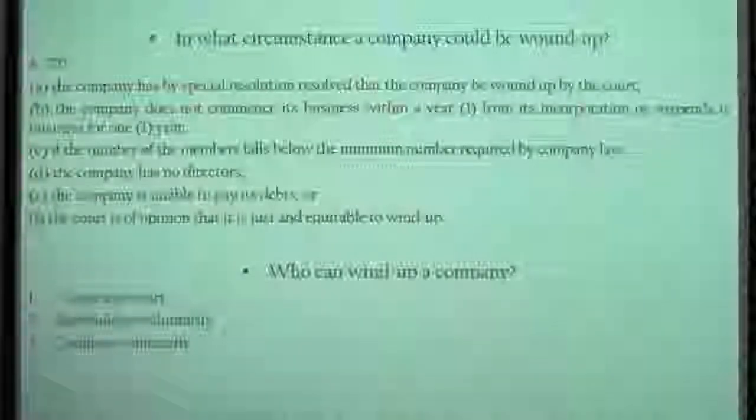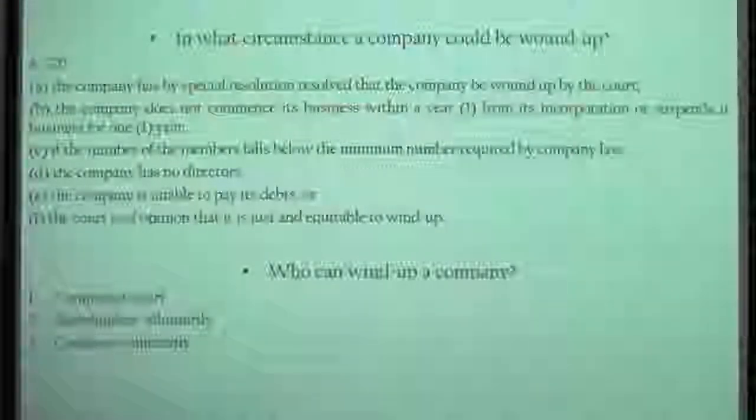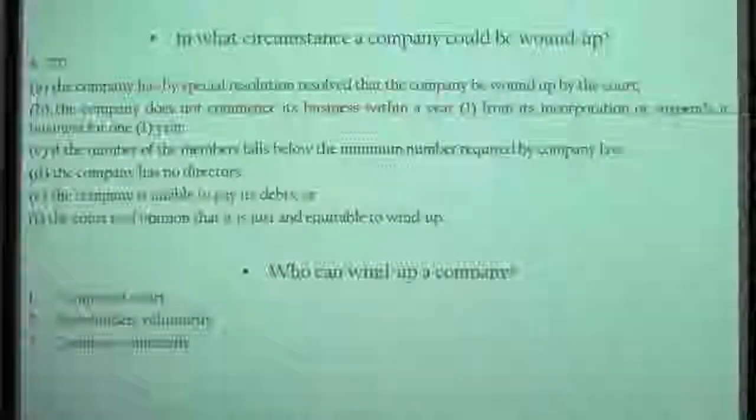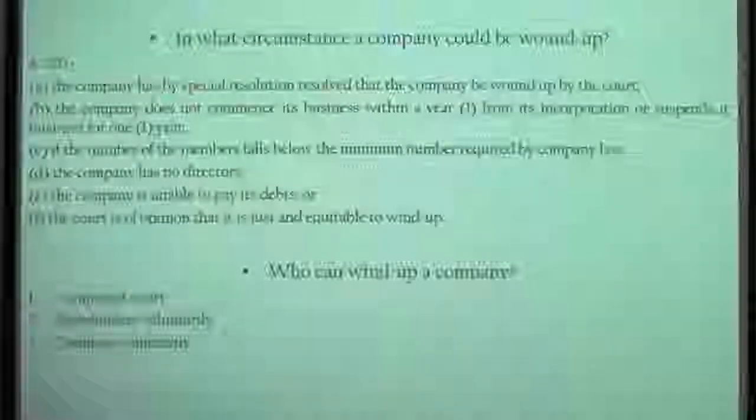Now, the next question that comes into our mind is, who has the authority to wind up a company? Firstly, a competent court has the authority to wind up a company. When you say a competent court, it is the court that is vested with the jurisdiction to hear and determine matters arising out of company law.